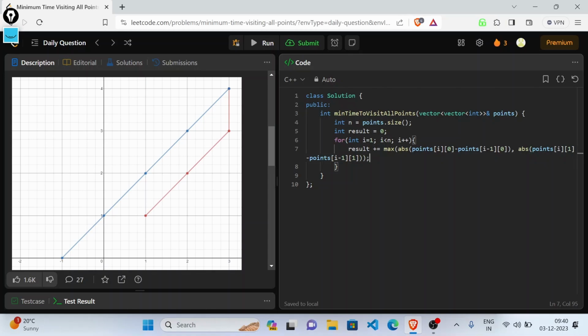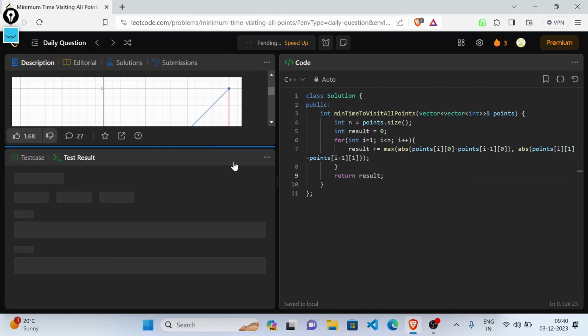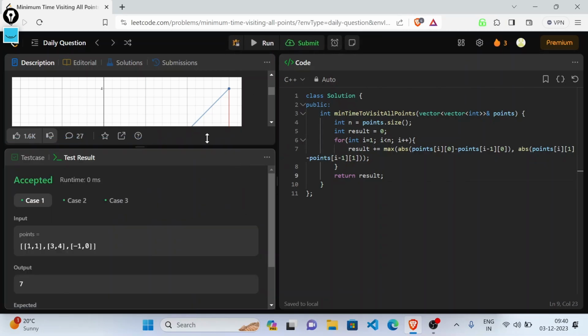We will take the maximum of both differences, and finally return our result. So let's try running this. Yeah, let's try submitting this.